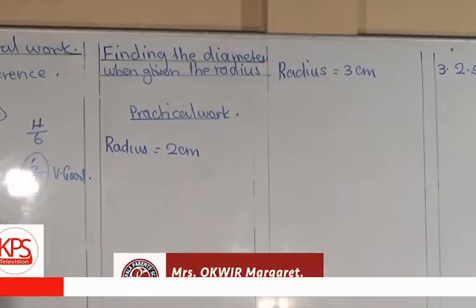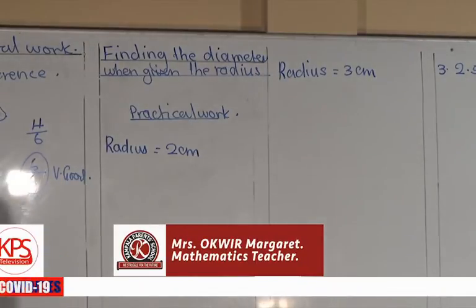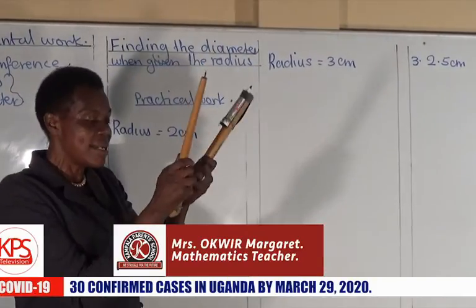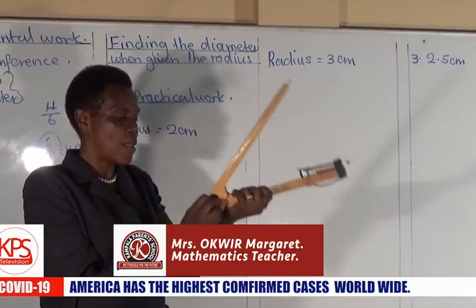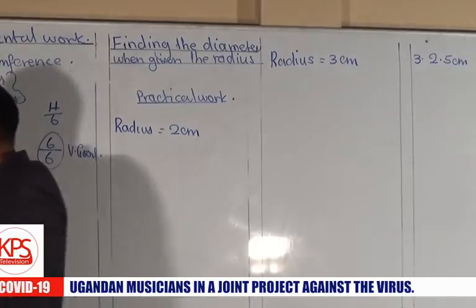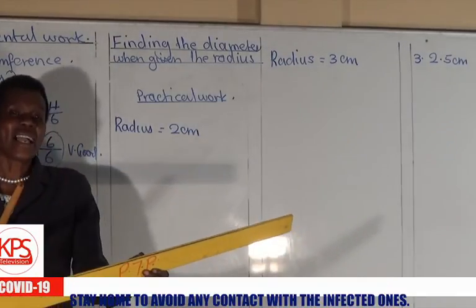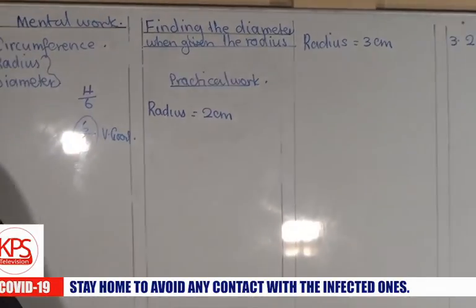Let us start with the drawing. You have compasses and your pencil. Make sure that you have tried it and it is firm. So I'm going to get my ruler ready. I will get 2 centimeters from the ruler.